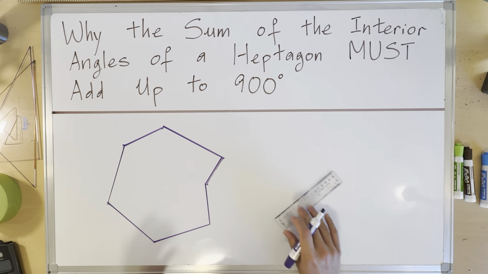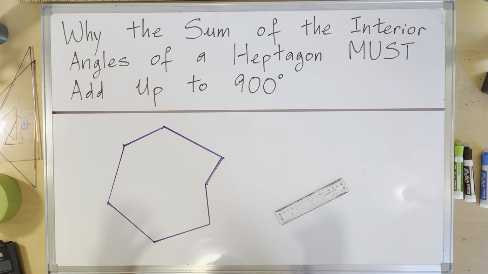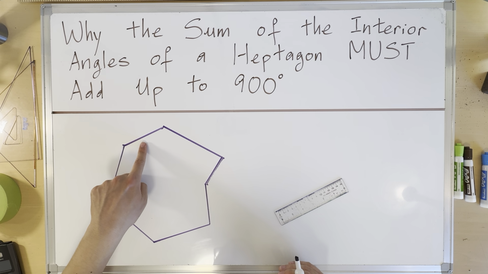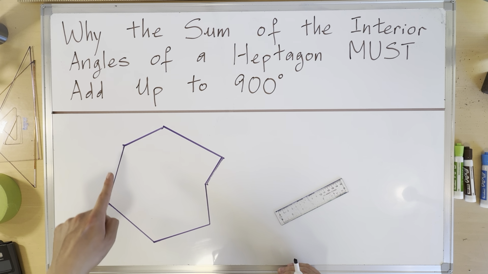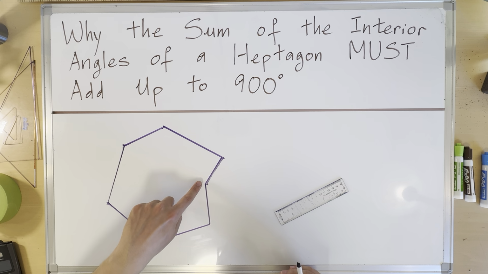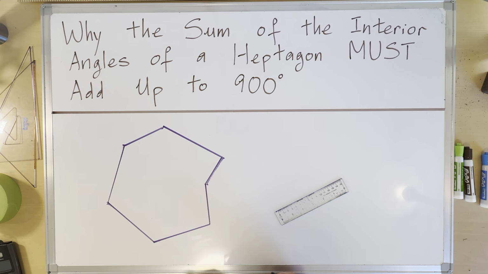So now this is an irregular concave heptagon with 7 sides. We've got one side right here, one side right here, one side right here. So that's 3. Here's the 4th side. Here's the 5th side. Here's the 6th side and the 7th side right here.